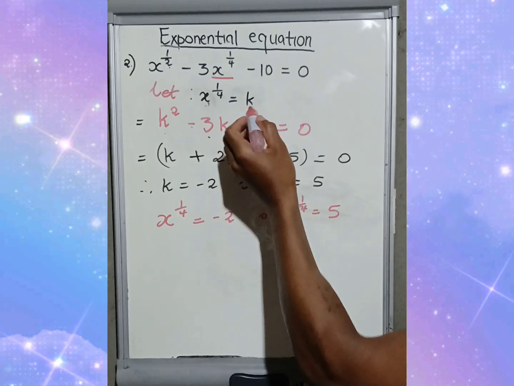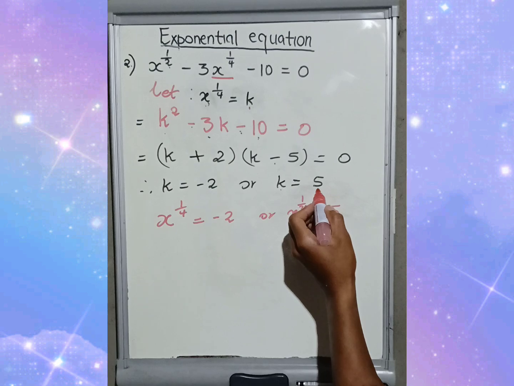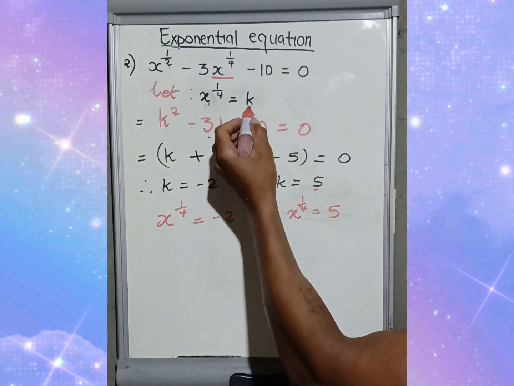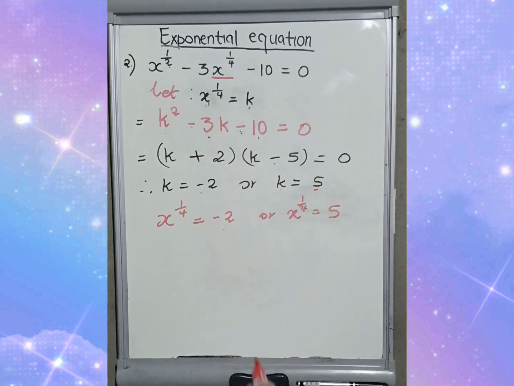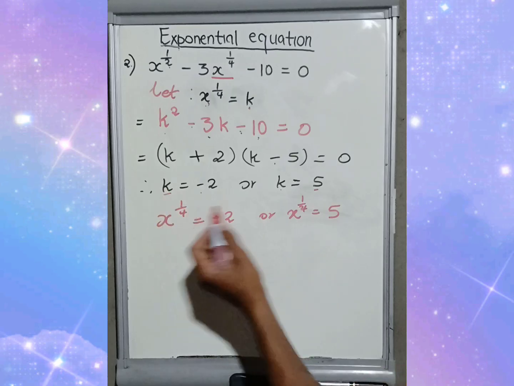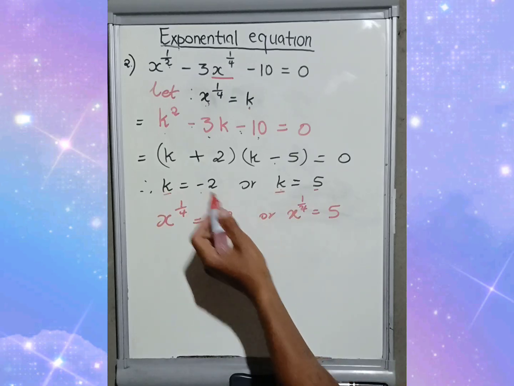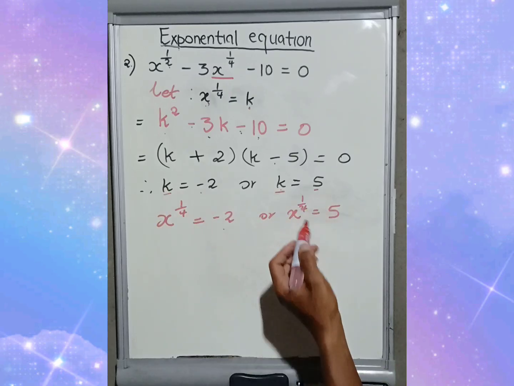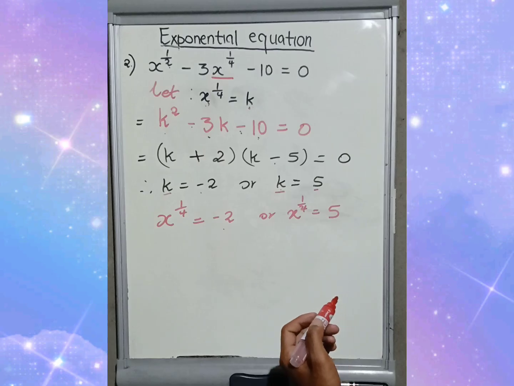Instead of writing k, we're going to write 5, and instead of writing k here, we're going to write -2, because we solved that k is equal to -2 and 5. Then we're going to solve for x.